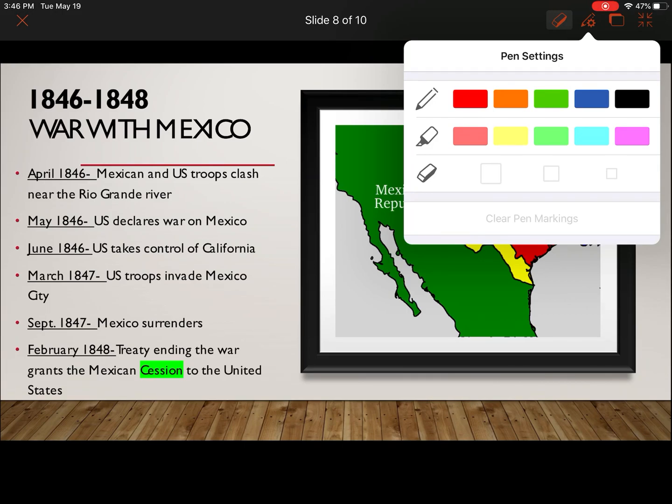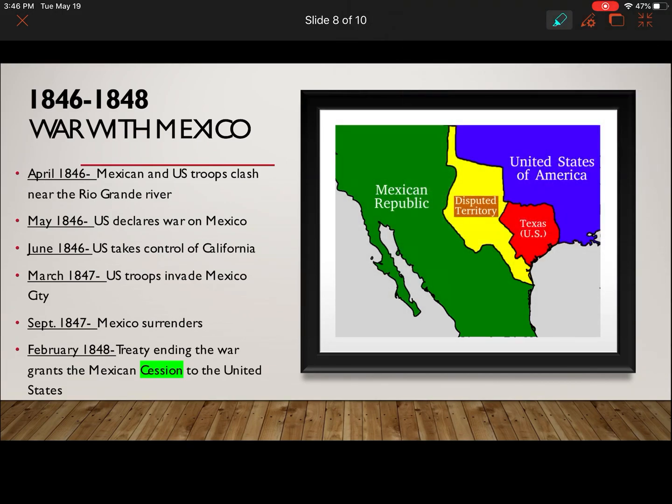Now, the Rio Grande, I'm going to use the blue highlighter. The Rio Grande is the river that gives Texas its famous shape today. That river was what the Texans and the Americans thought the border between Texas and Mexico should be. The Mexican government, so there's two rivers you got to remember here. The first one is the Rio Grande.